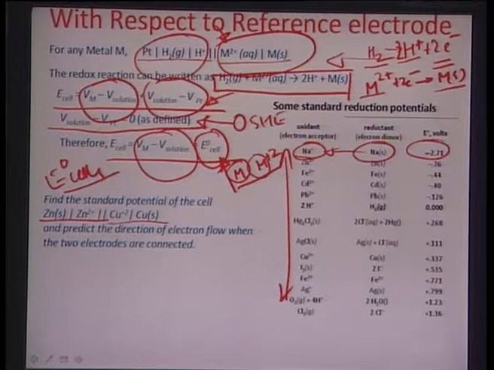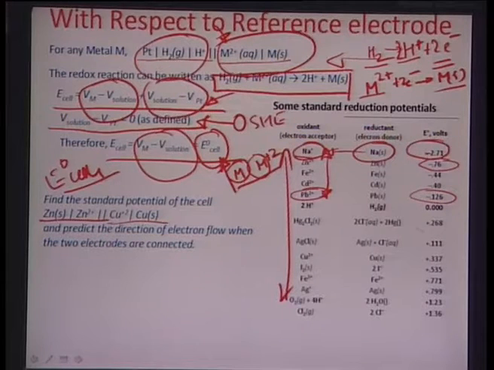Similarly, zinc has a negative potential, and this goes all the way up to lead. All these different metals are more electroactive than hydrogen, so they displace hydrogen from its plus or oxidized state and reduce it into a gaseous state when connected to a standard hydrogen electrode.